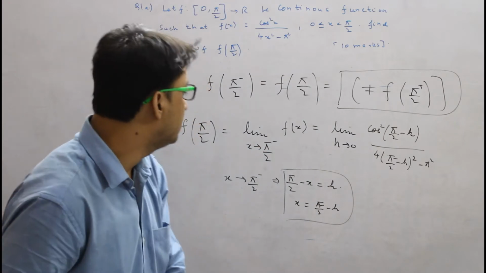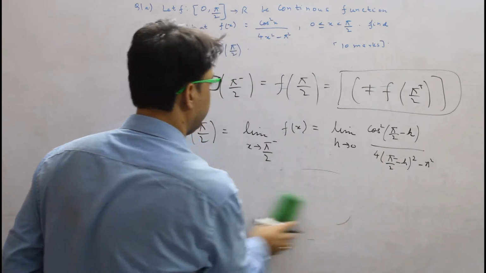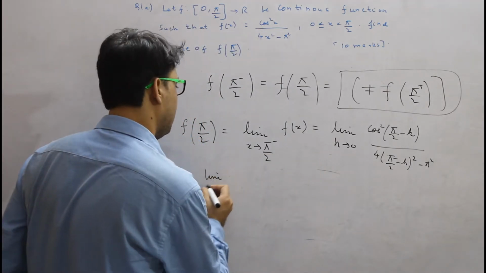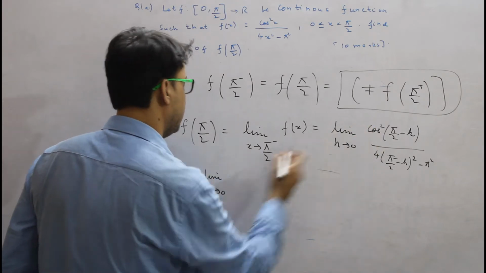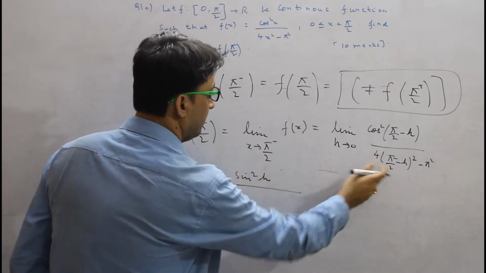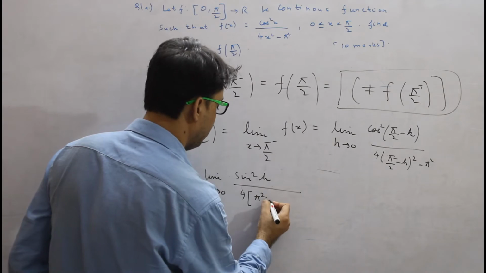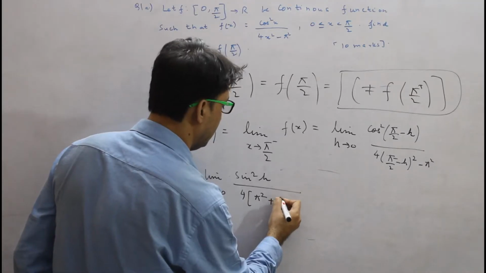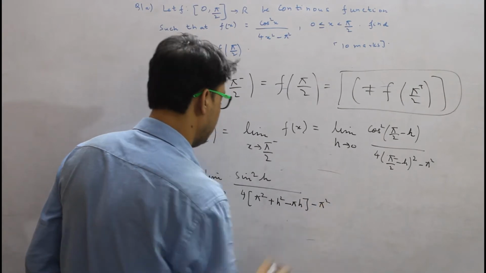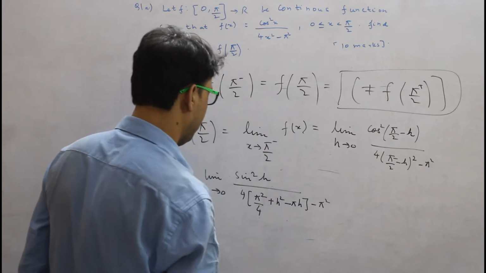Now I am going to solve this. This amounts to limit h tends to 0 of sine square h upon, and we can simplify this, pi square plus h square minus pi h minus pi square, and I have forgotten here the 4 in 4 times pi square by 4.